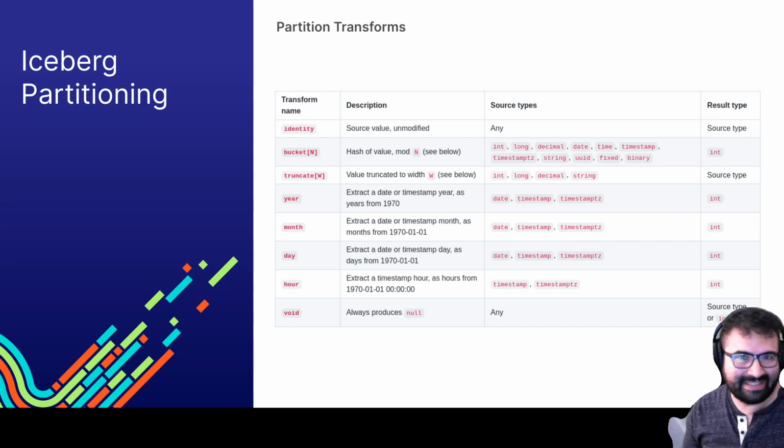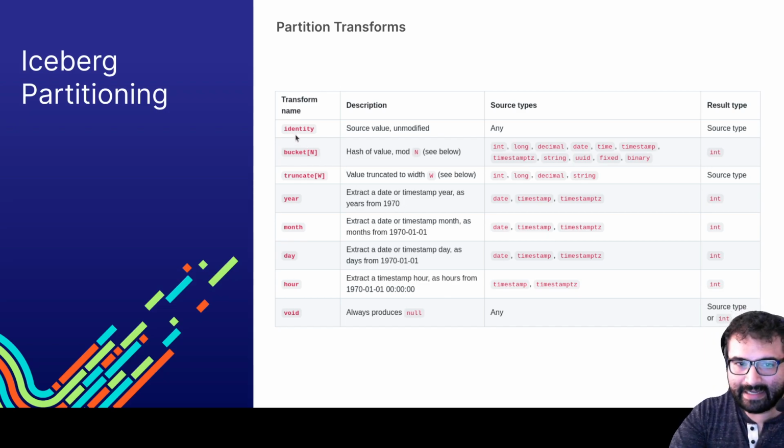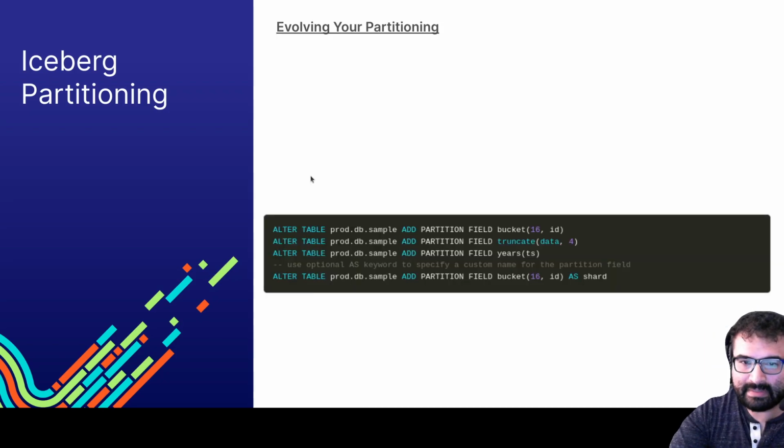Maybe I want 16 partitions. I can then use the bucket transform to partition it over X number of buckets, and then basically use a hash function to distribute it across those buckets. Okay, and then identity just means you're doing it based on the value of that field, so there's no transform.